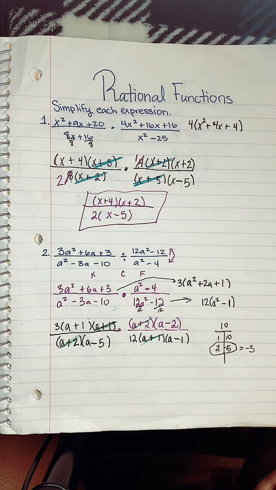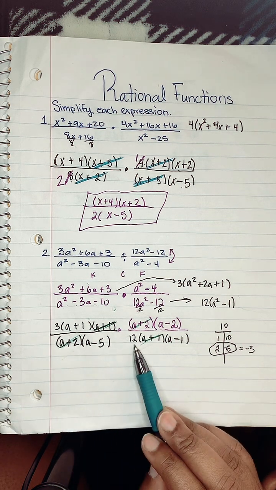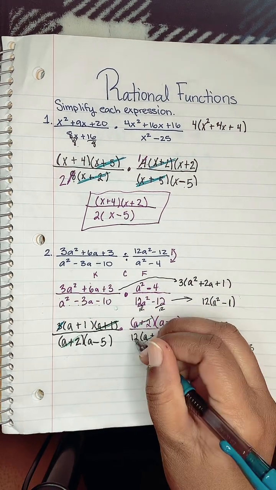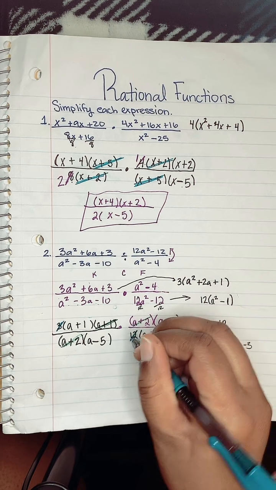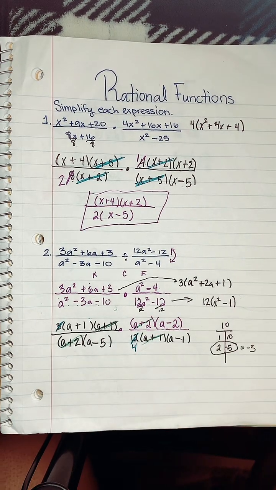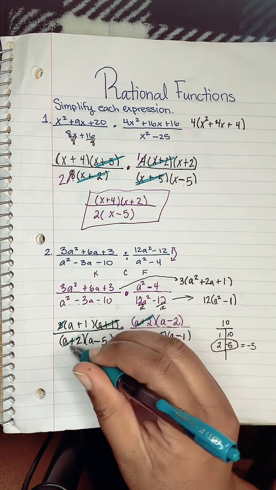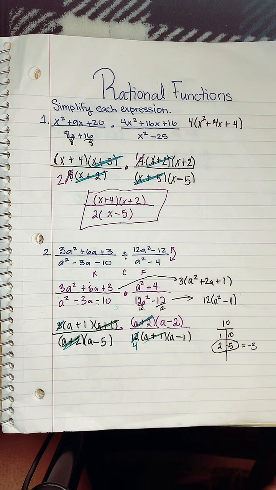What else do we got? I think that's it, huh? Oh, don't forget the 3 and the 12, right? 3 goes into 3 one time, and 12 divided by 3 goes into 4. Good. Yep. A plus 2. Good. Yep. Saw that one. And I think that's it, you guys.